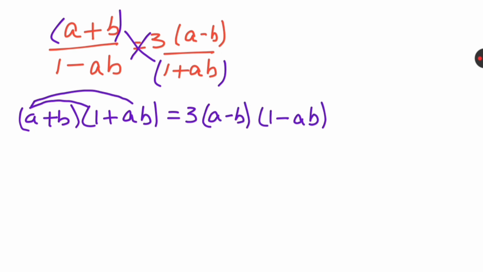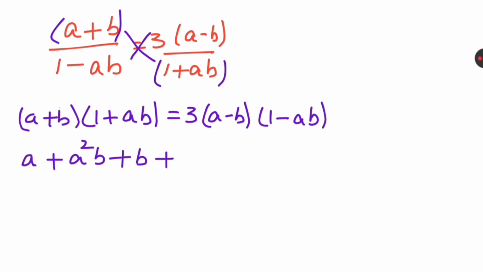Multiply each and every term. a times 1 is a, plus a times ab which is a²b, plus b times 1 which is b, plus b times ab which is ab². That is the left hand side, equal to 3 times. Here also open the brackets and multiply each and every term. a times 1 is a. Here we have a minus, so let's use minus a times ab, which is a²b. Now start with b.